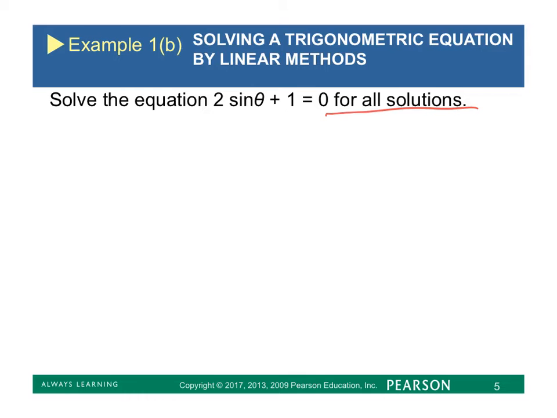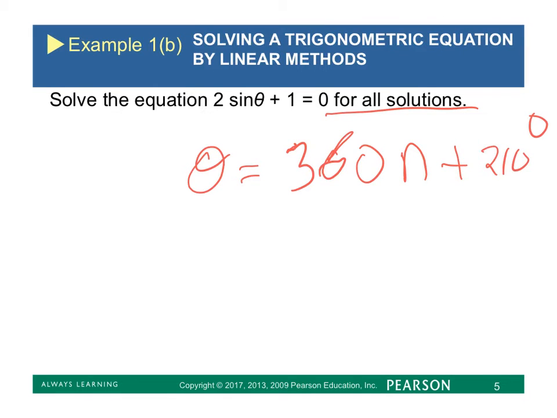We could just say that theta will be 360 degrees times how many times you're going around plus the 210. So you go around once, you go around 2, you go around 3.